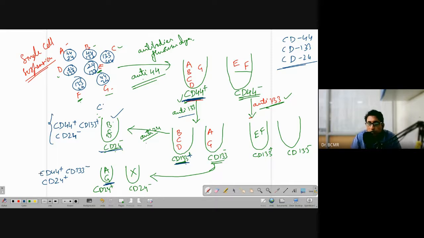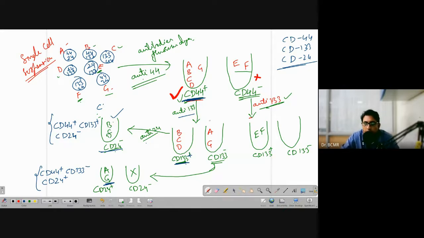Usually what they do is make a single cell suspension, like in this case here. Then they would test which of these cells are forming tumors. For our simple understanding, we would assume that CD44 has the ability to form tumors. In that case, these cells might be discarded.